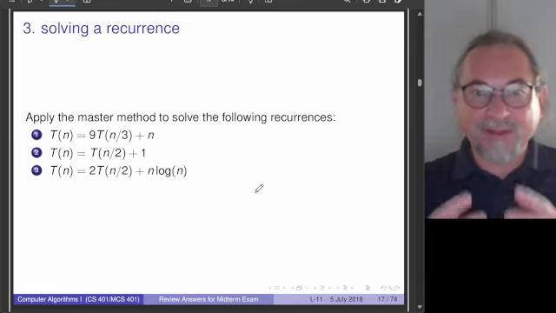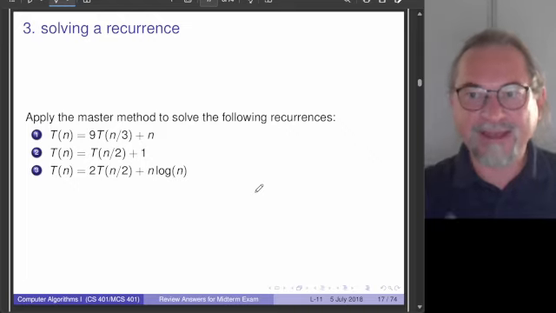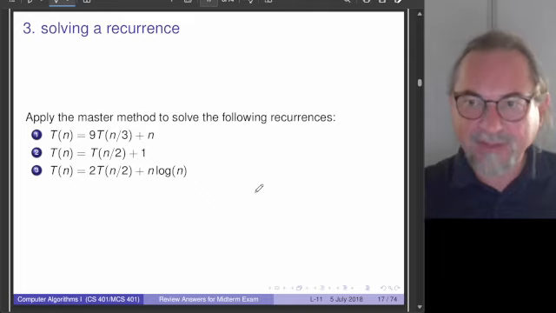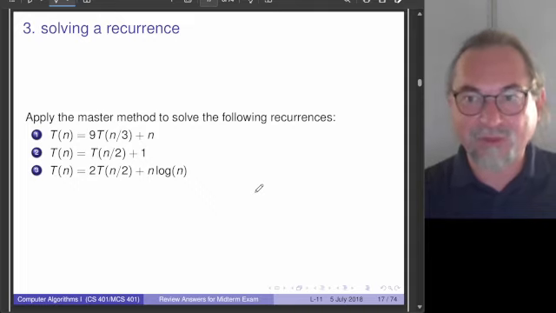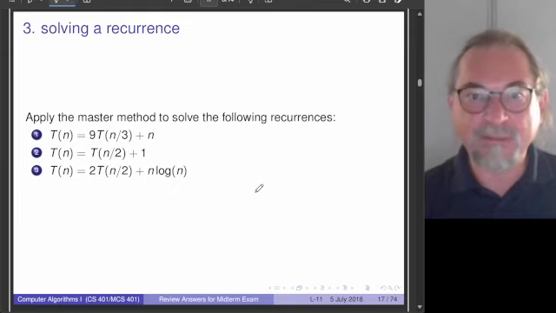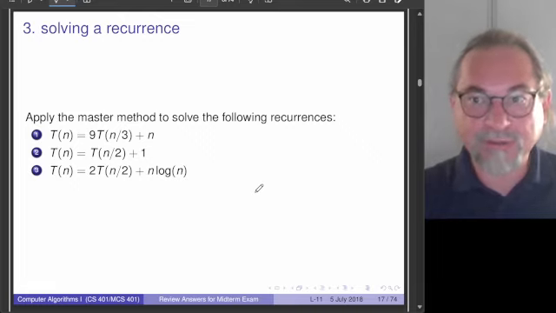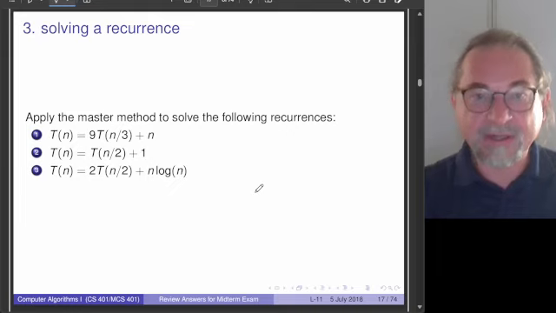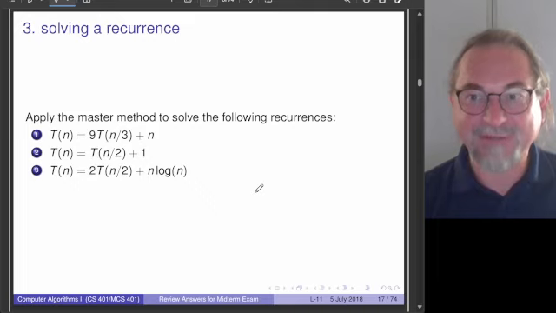So the master theorem we have not proven, because it would take an entire lecture, and in this 8-week course there is not time, and there are very good discrete mathematics courses which treat this theorem in great detail. It is nevertheless most important that you can interpret the cases of the theorem, and even more importantly that you know that you are in the case of the master method.